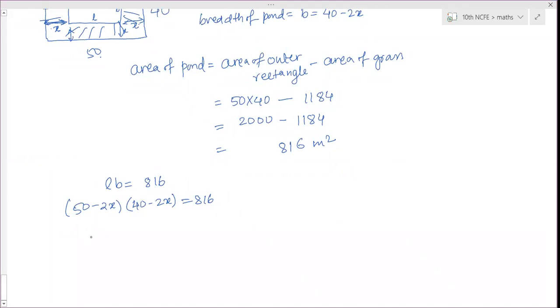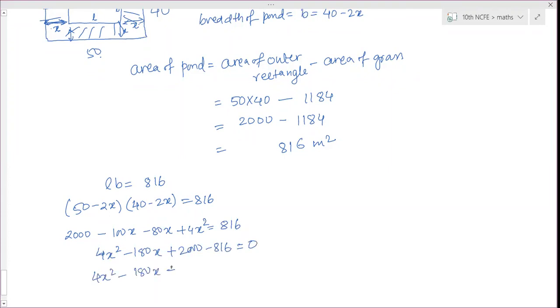So this is multiply: 2000 minus 100x minus 80x plus 4x square is equal to 816. 4x square minus 180x plus 2000 minus 816 is equal to 0. 4x square minus 180x plus, already 2000 minus 1184 is 816.